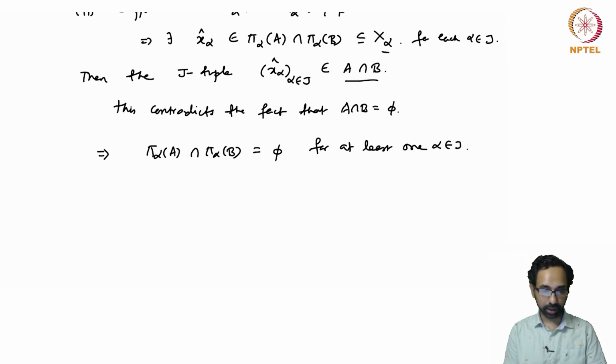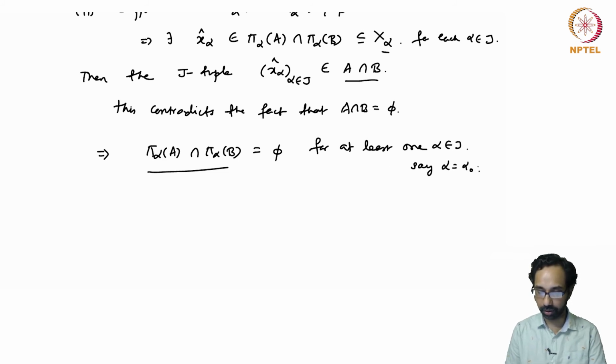And now that we have these properties, we will use them to produce a contradiction for the fact that each of these X alphas must be connected. Because these two sets are disjoint for at least one alpha, say alpha equals alpha naught, for alpha equals alpha naught this holds.